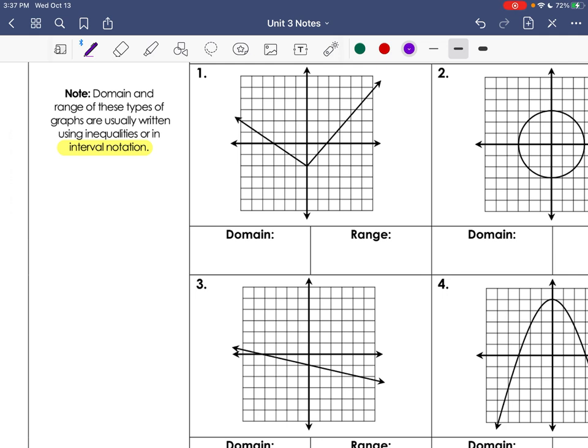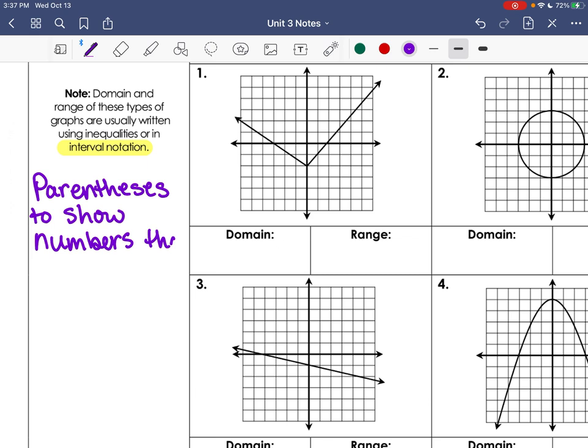A couple of things to remember. We're going to use parentheses to show numbers that are not included. So things like infinity, negative infinity, and anything with an open circle that is not included is going to be shown with parentheses.